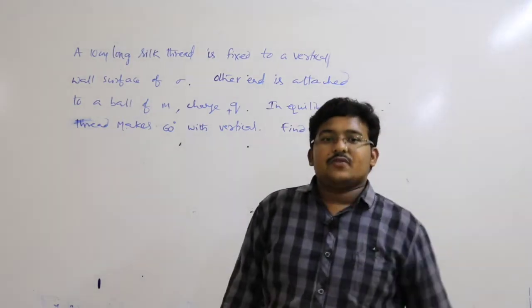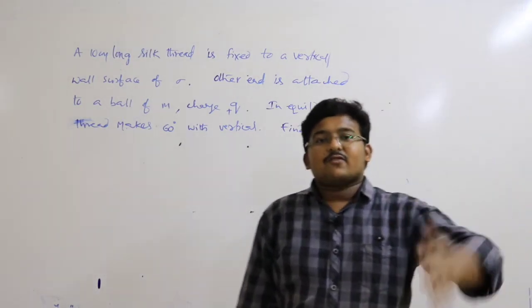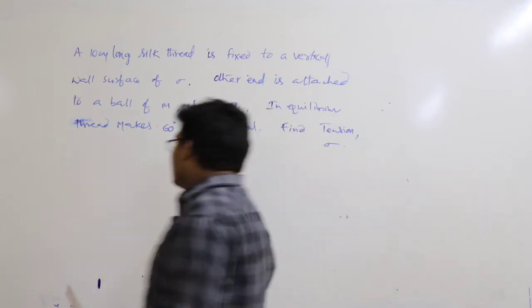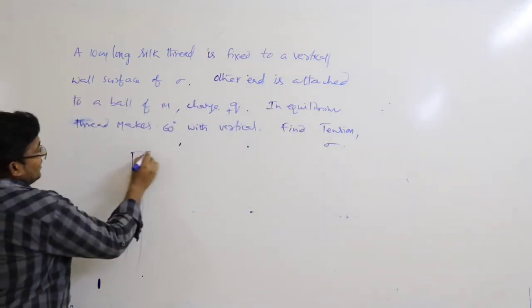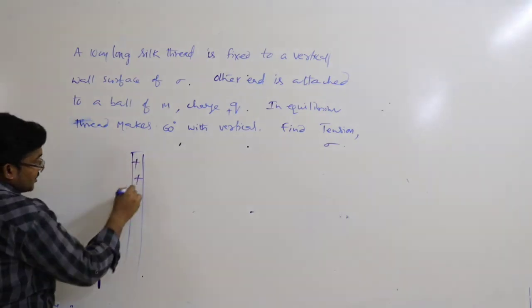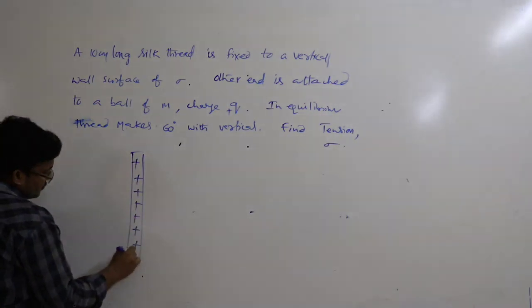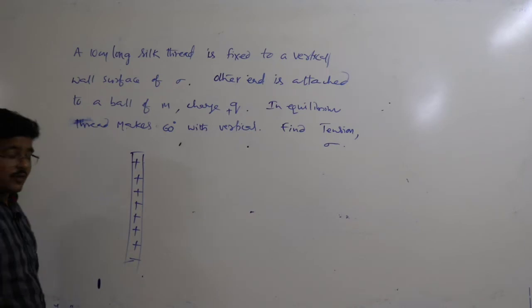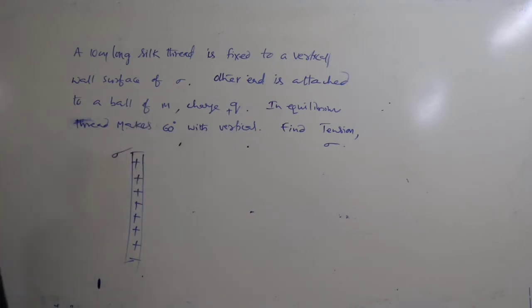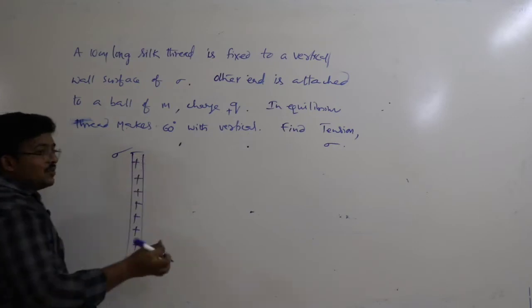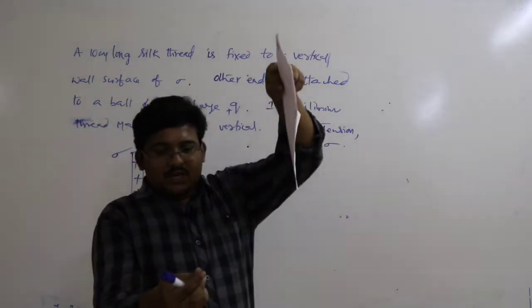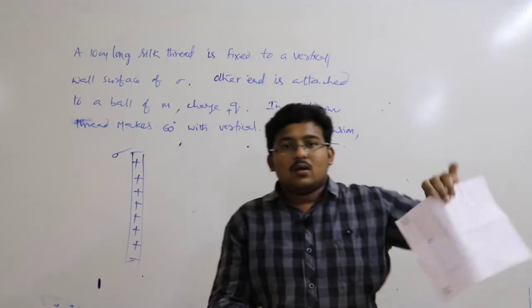There is a vertical surface, given as a wall. I can take this as a vertical plate, and this vertical surface has a charge density sigma. Now to the vertical surface I attached a thread with a ball.